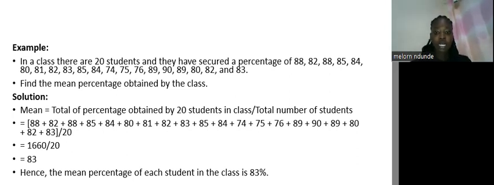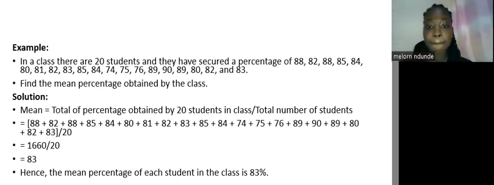first, you total the percentages of all the 20 students, whereby you add 88 plus 82 plus 88 plus 85 plus 84 plus 80 plus 81 plus 82 plus 83 plus 85 plus 84 plus 74 plus 75 plus 76 plus 89 plus 90 plus 89 plus 80 plus 82, and finally plus 83.